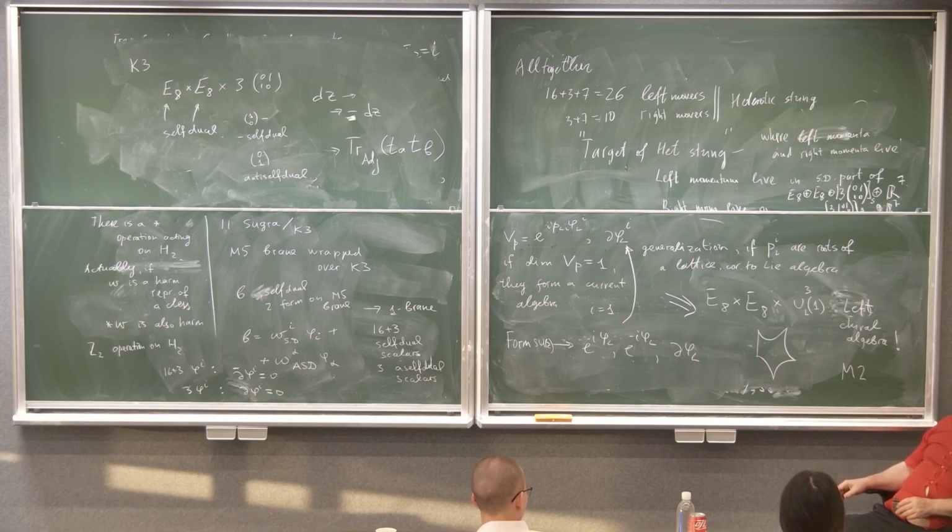I think it is possible to do it because, you see, I understand it for the case where roots are of the same length. If roots are longer, they don't form a current algebra.